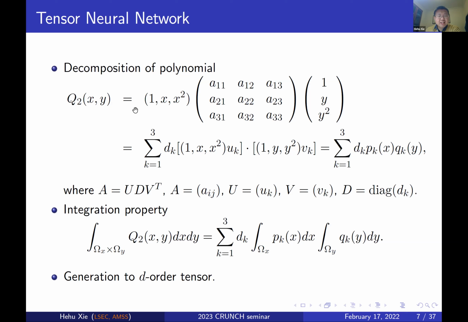So, let's start with another point, for example, the decomposition of polynomials. Let's consider a bi-quadratic polynomial function. We can write it in this way, and here this is the coefficient matrix. Then we can do the SVD for this matrix, and then we can write this bi-quadratic function in this form.